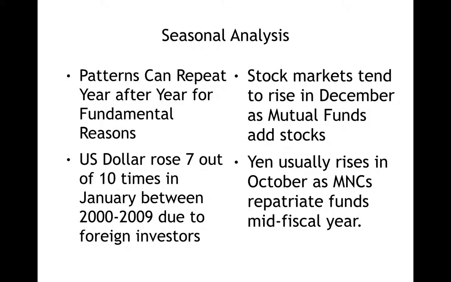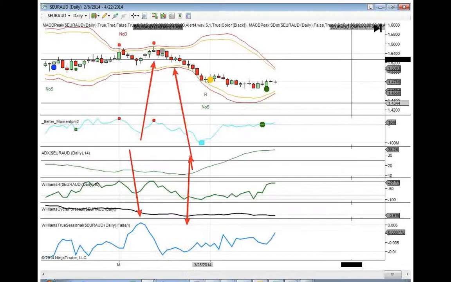Then with the yen, this usually rises in October as Japanese multinational corporations bring their funds back to Japan in order to balance their books because it's the middle of the fiscal year. The capital will often leave at the end of October, causing the yen to fall.